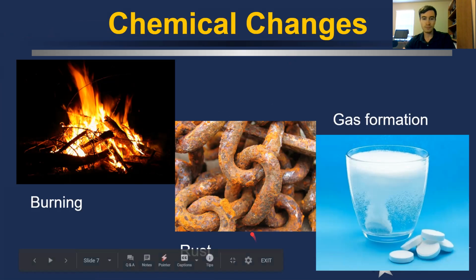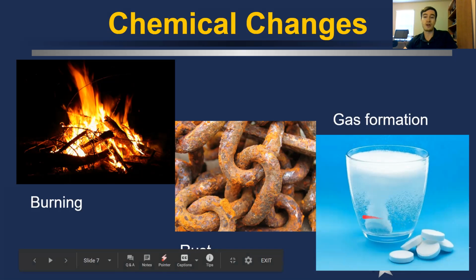One other good example of a chemical change is things like Alka-Seltzer tablets. So when you're feeling sick or your stomach's not feeling so great, and you drop one of these tablets in water, it starts fizzing like crazy, right?